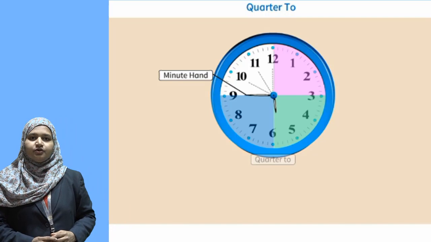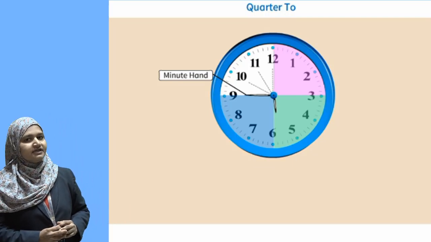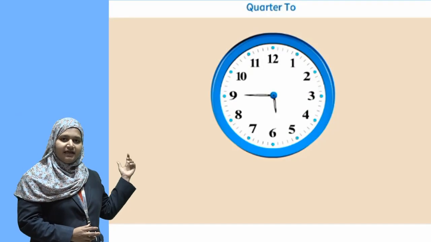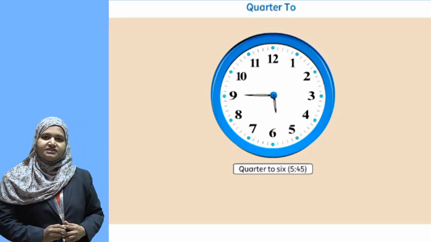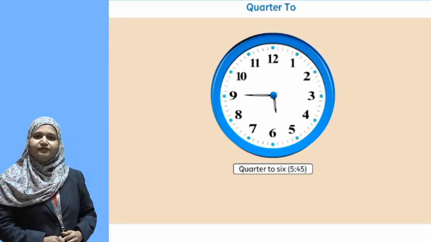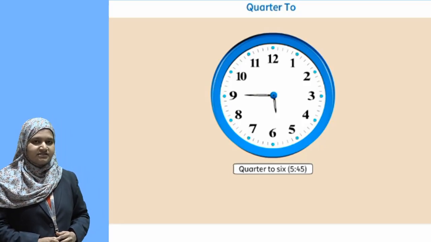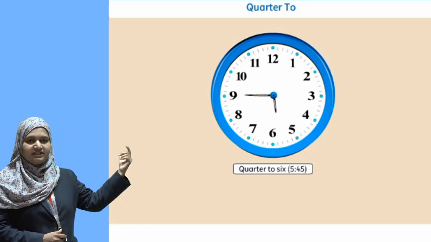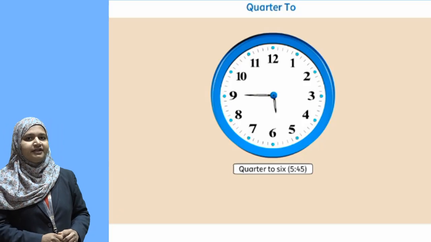So it is called quarter to. Let us see with an example. When the minute hand is at the number 9 and the hour hand is just before the number 6, we read that time as quarter to 6. Just 15 minutes left to 6 o'clock, or it is also read as 5:45.